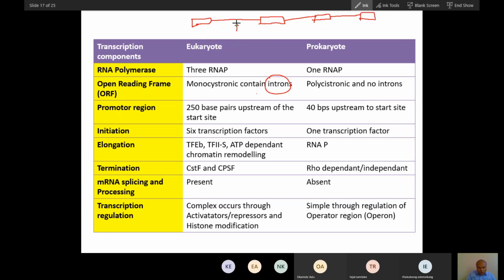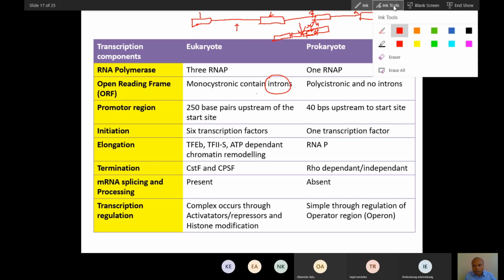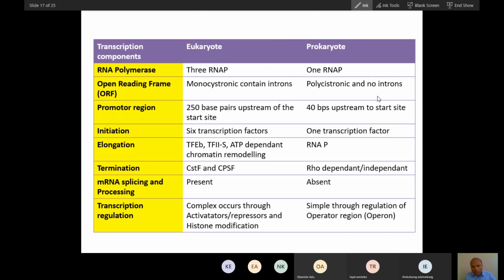These will be removed through splicing, and all the exons, 1, 2, 3, and 4, will be put together. This becomes mature mRNA. So removal of introns happens through splicing, and introns are present in eukaryotes only, not in prokaryotes. So monocistronic with introns versus polycistronic without introns.